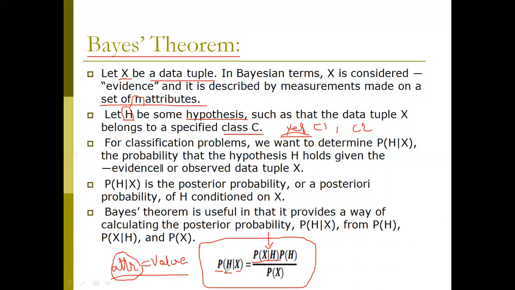of posterior probability. Actually, P of H by X is called the posterior probability. That posterior probability is equal to P of X by H, which is called the likelihood probability, into P of H. What is H? It's a target class, or it's called a hypothesis.